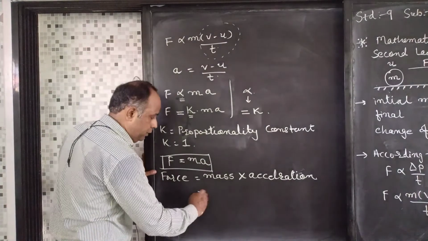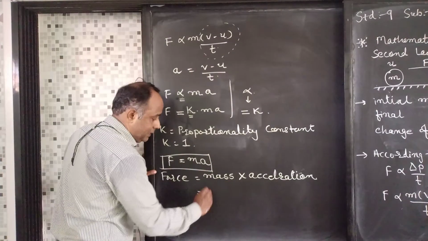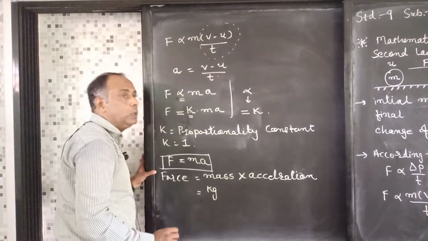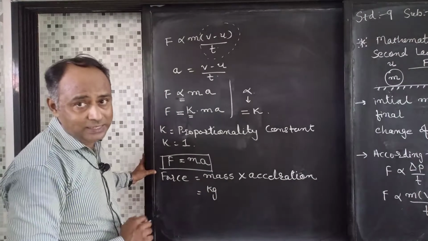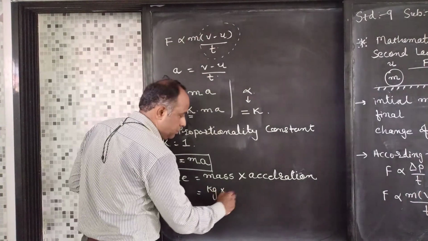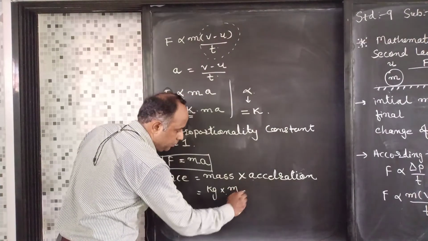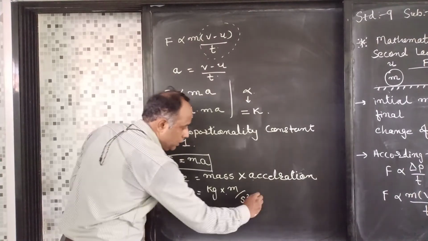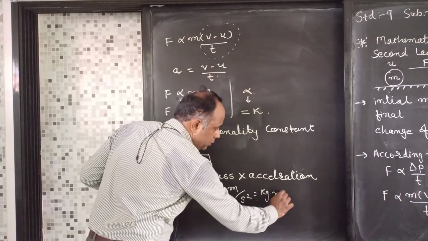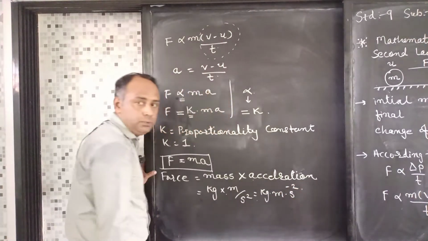So look at it. We know that mass is measured in kilogram, which is its SI unit. Now acceleration, friends, we know the unit of acceleration is meter upon second squared. So it can be written this way: kilogram into meter into second raised to minus 2.